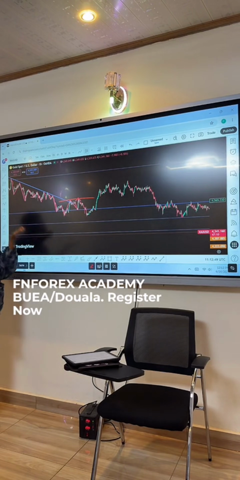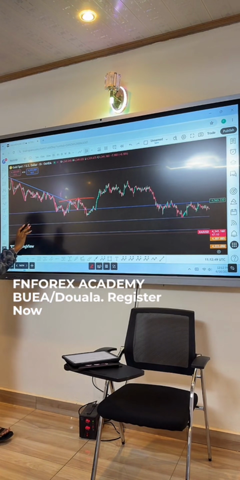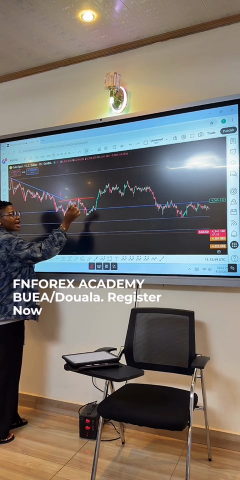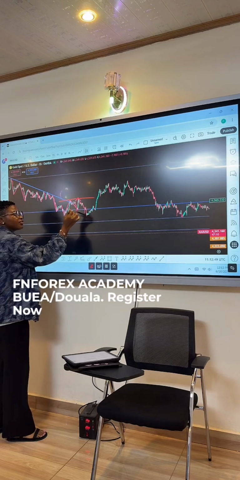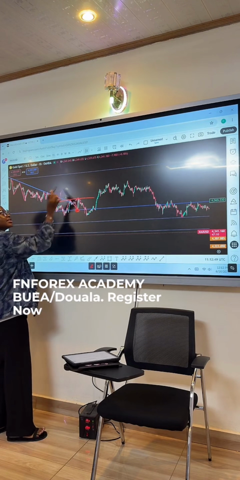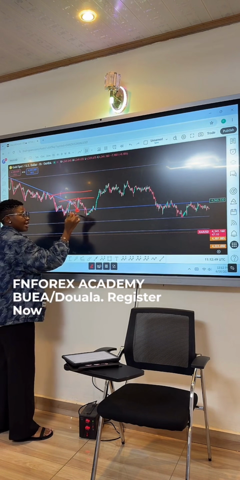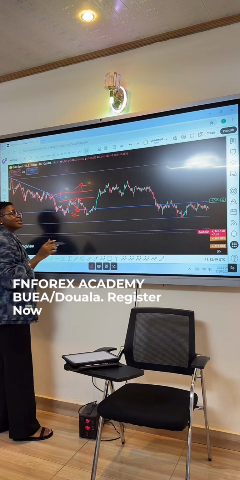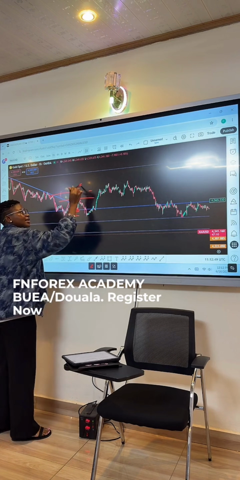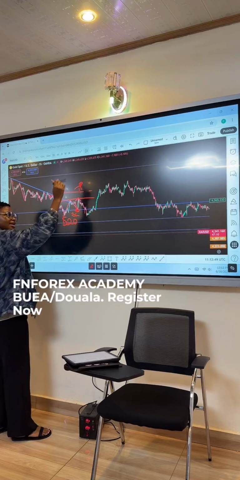There are times where you can be buying gold here. Maybe you were buying gold from this support, but then you set TP at this other resistance level. So your stop loss is here, TP is here. Let's say you were risking $20. This can be 1:3 like that.